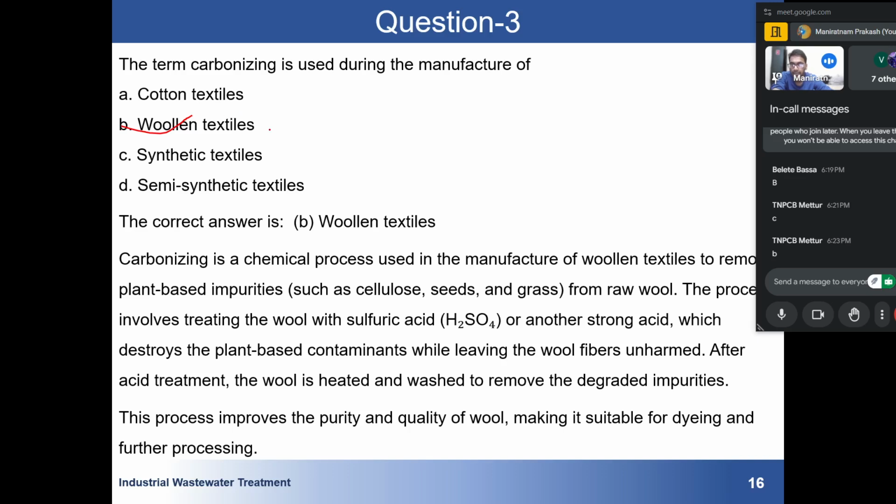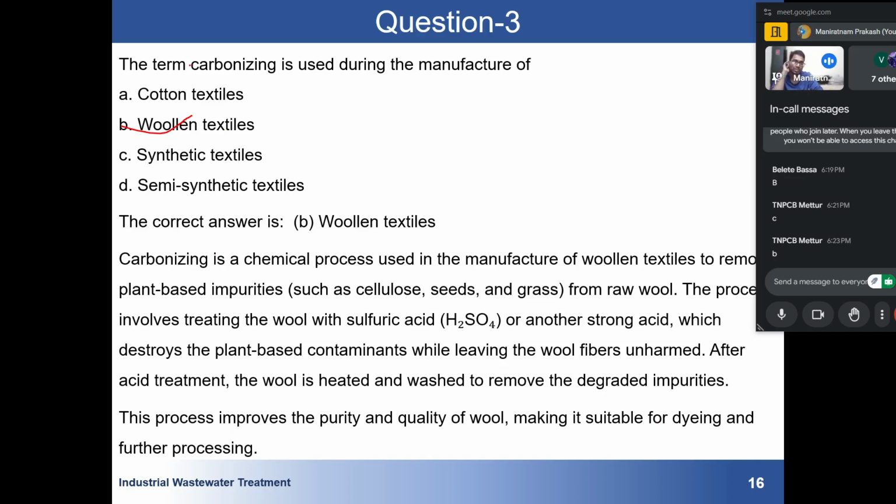Here, the raw wool will contain many things, like some cellulose, seeds, and we want to remove them. So we add an appropriate amount of acid that will make sure that only those cellulose, seeds, and grass are removed. The original wool remains unharmed, so that it can be used for dyeing and further processing.